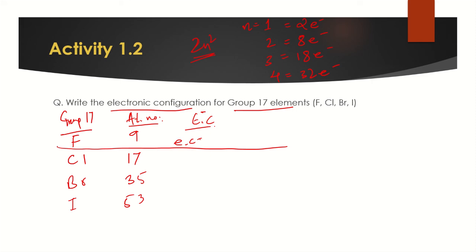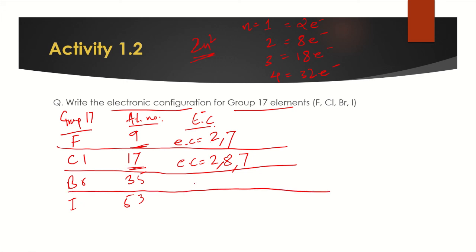For fluorine, the first shell will hold 2 electrons. The leftover is 7; 7 plus 2 is 9. This is how we distribute the electrons in the respective shells. Now for chlorine, we have 17 electrons. The first shell will hold 2, the second shell will hold 8, so 8 plus 2 is 10. The leftover is 7.